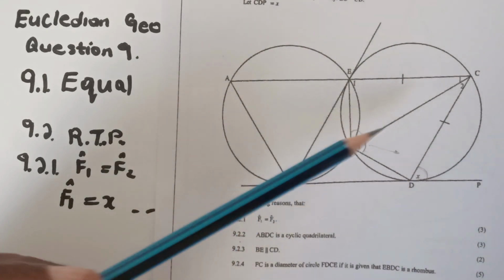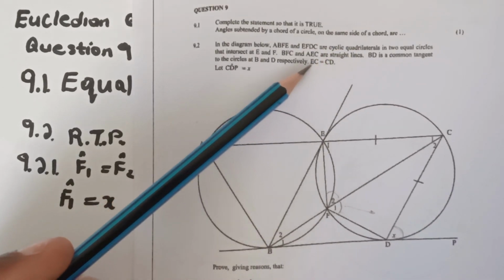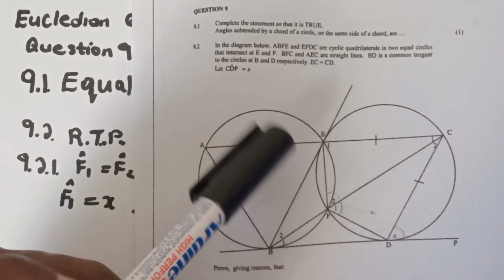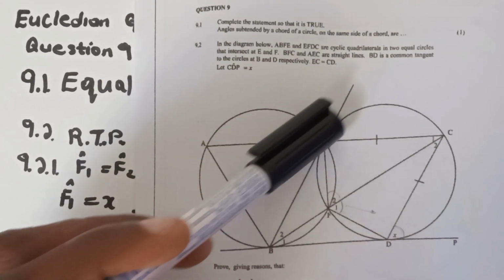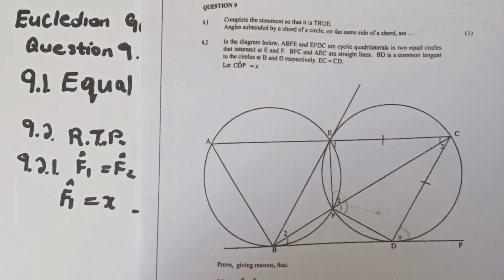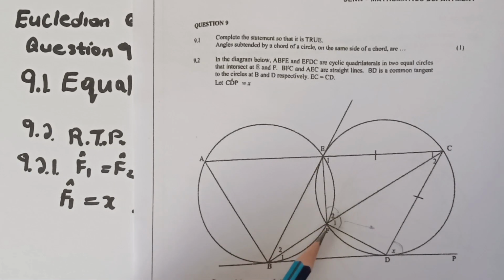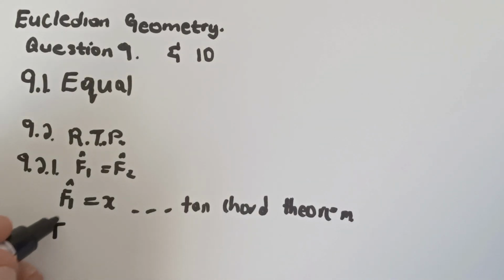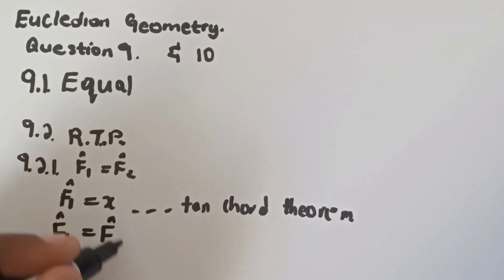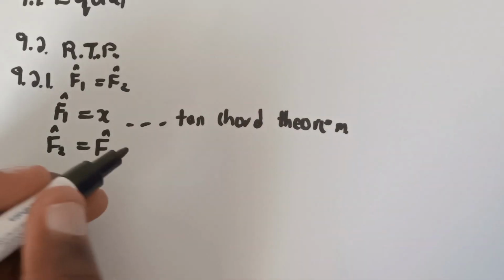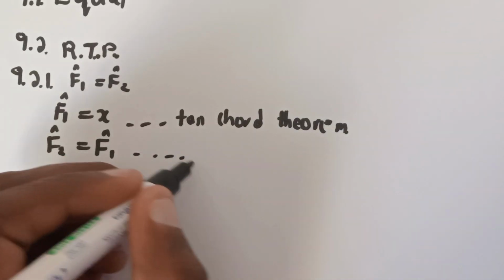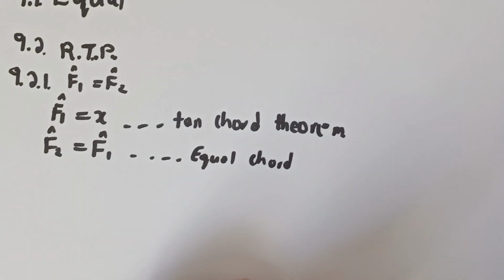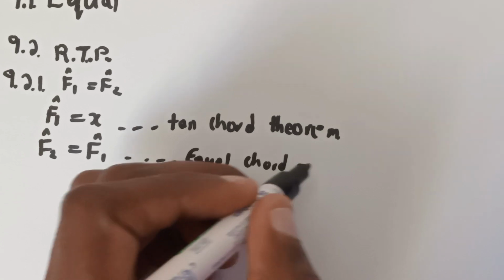Since EC is equal to CD, these are chords on this cyclic quadrilateral, so angle F2 is equal to angle F1, because equal chords subtend equal angles.